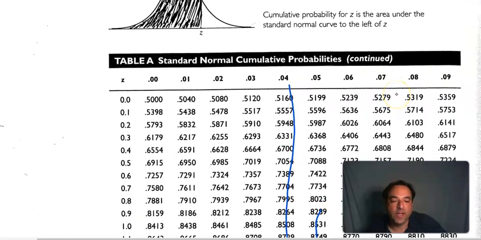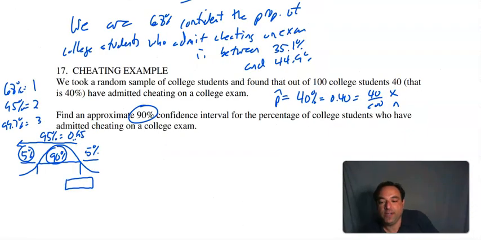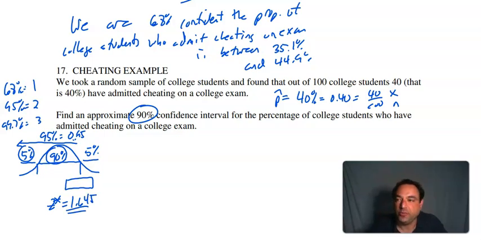So either one is fine, 1.64 or 1.65. If we really want to be exact, between them would be 1.645. So the z-star would be 1.645. Again, you can use 1.64, 1.65, or if you want to be more exact, 1.645.